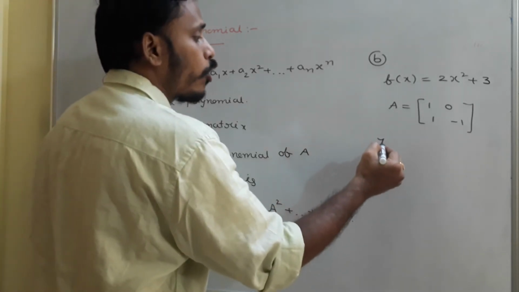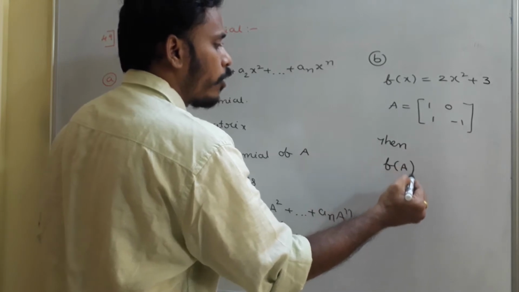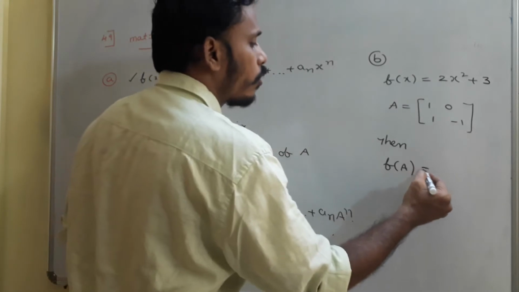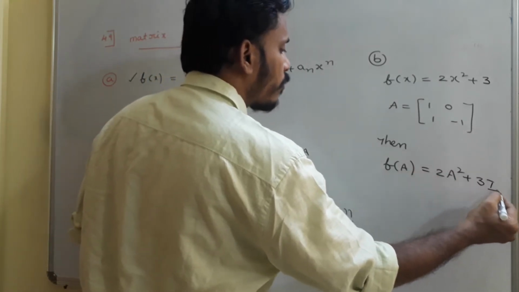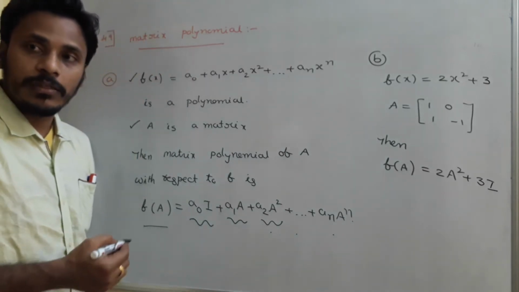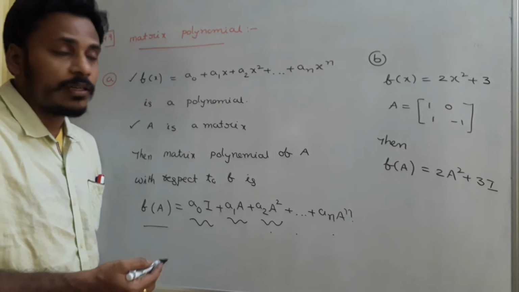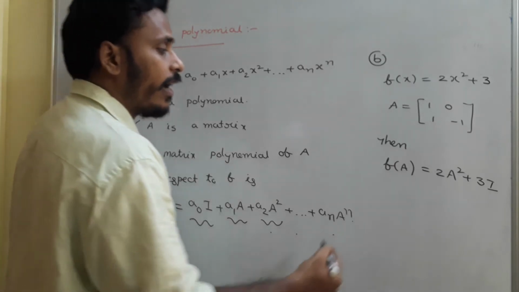Then the matrix polynomial of A, or f of A, is the matrix polynomial of A with respect to that f of x. So f of A equals 2A square plus 3 times the identity I. We need to multiply A with A here, and then multiply 3 with the identity, and at the end add them.